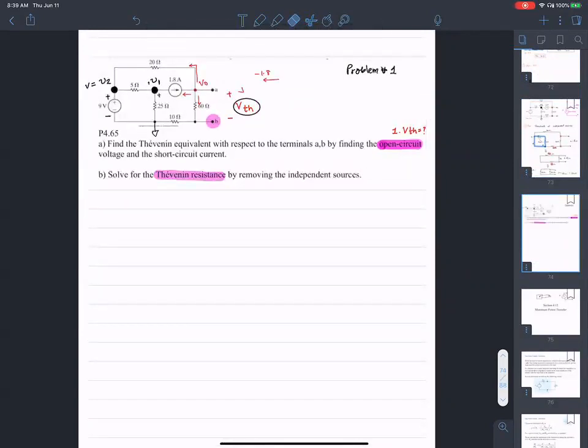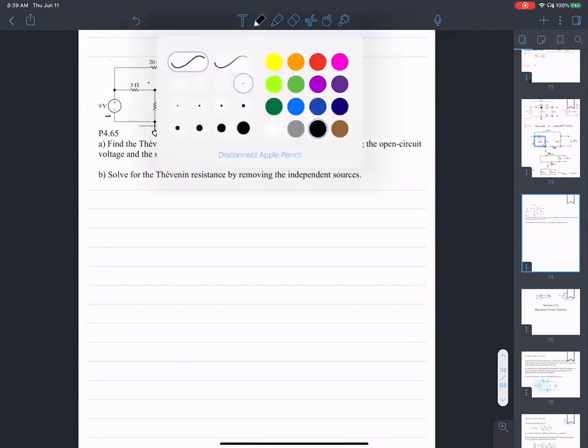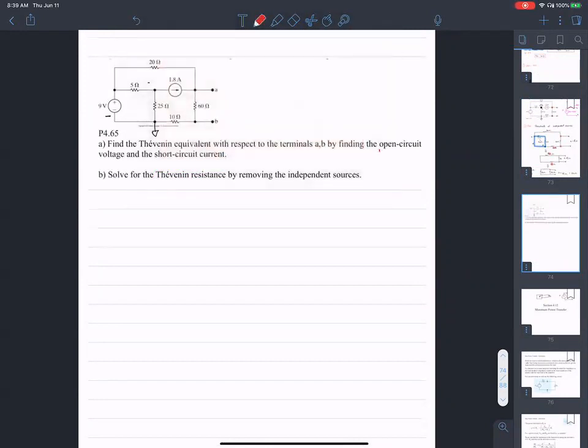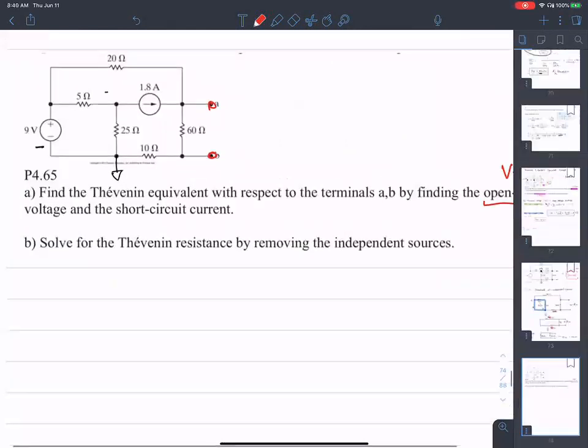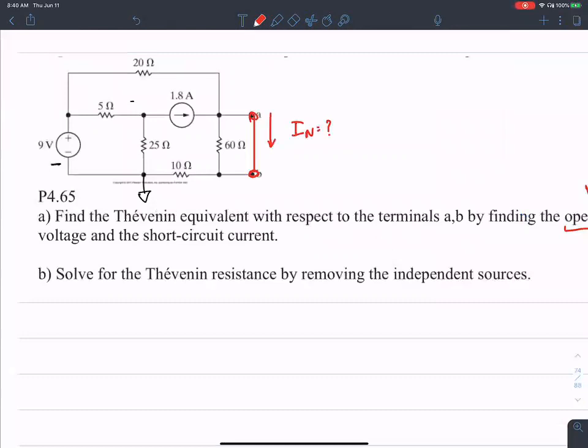But slightly differently, okay? So far, what we did was to find the Thevenin, the open circuit voltage. What we did was to open circuit these two terminals and find the voltage across that. Now what I want you to do is to find the short circuit current. Short circuit this terminal and find the current I Norton going through this, using the exact same analysis techniques.